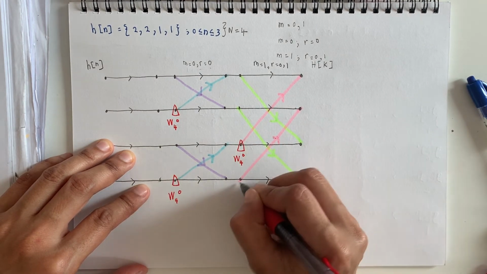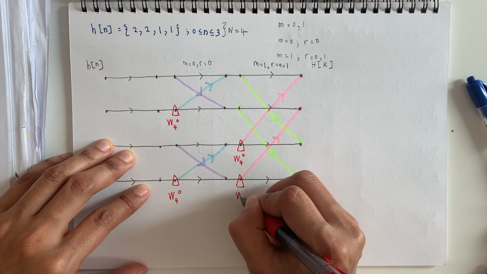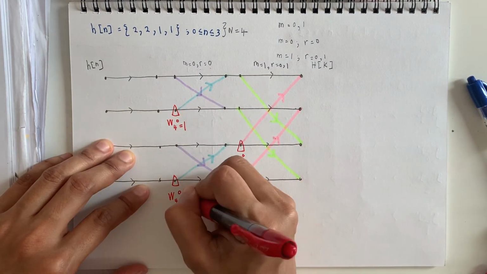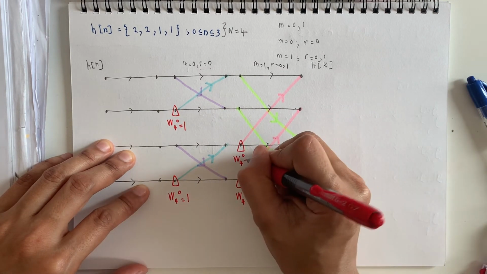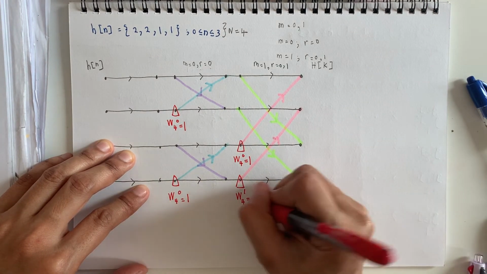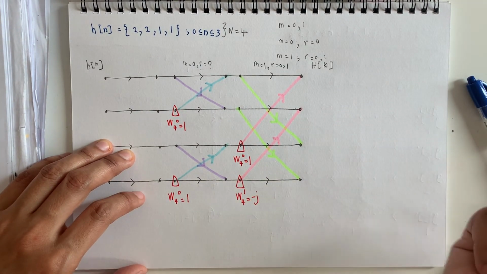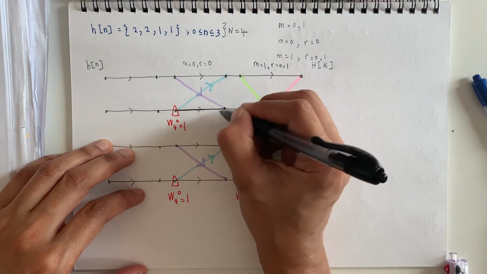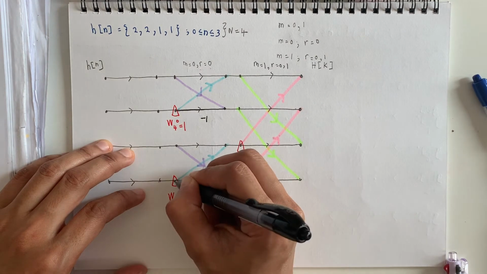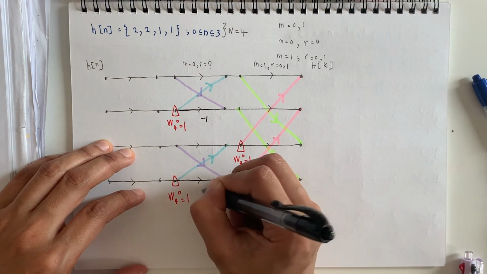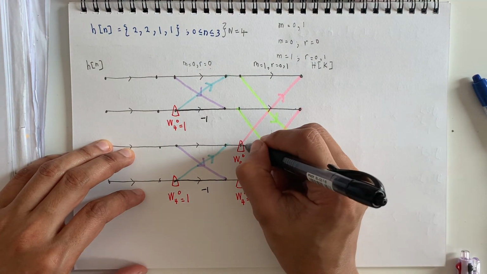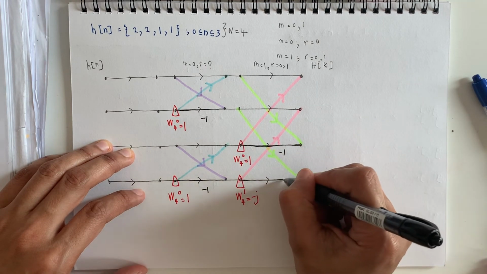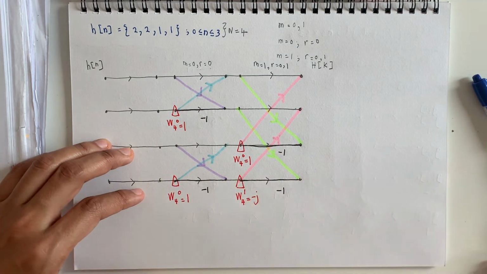Another one is W4^1. So you calculate the value. W4^0, the value is 1. W4^1 is minus j. The horizontal lines that connect to the weight, the value is minus 1.